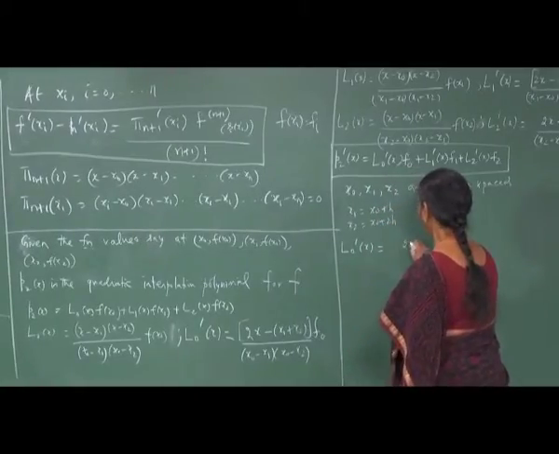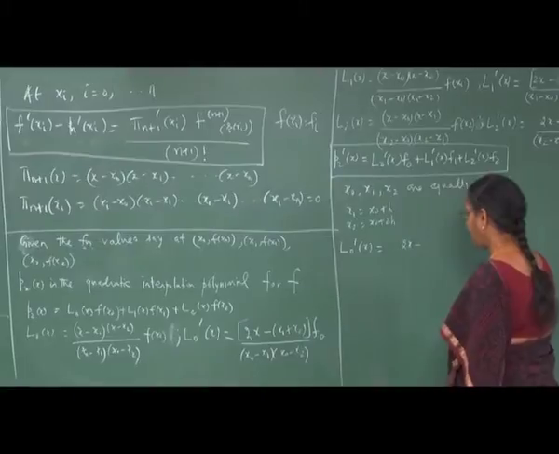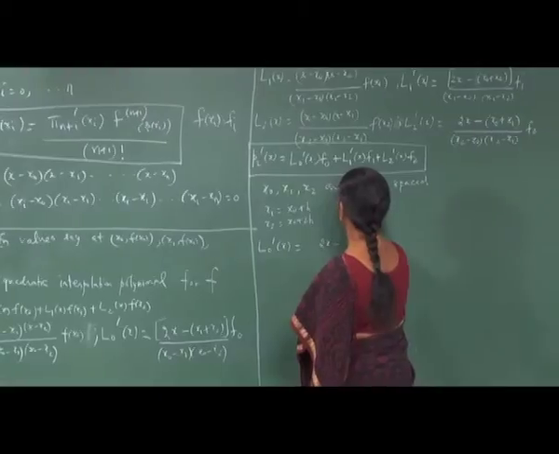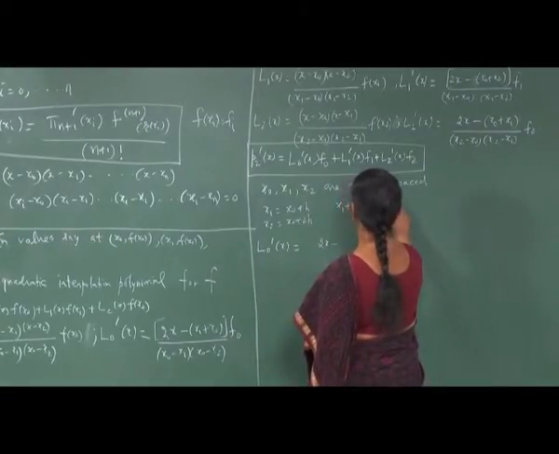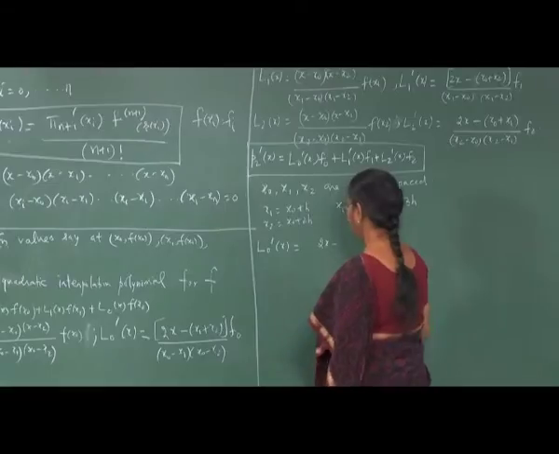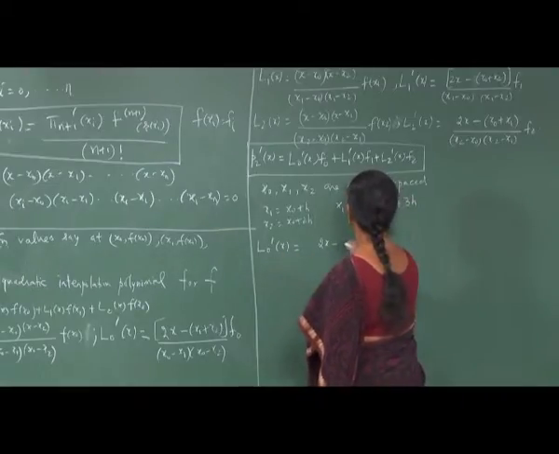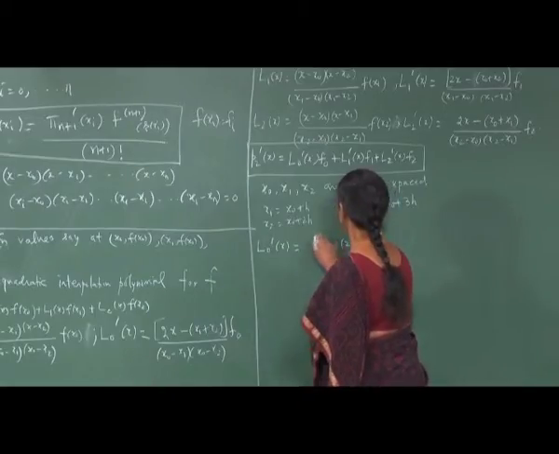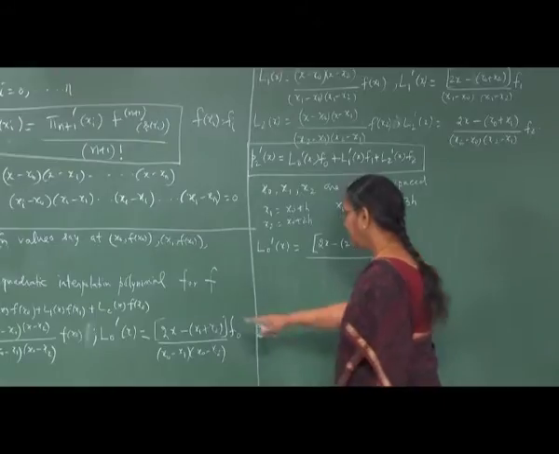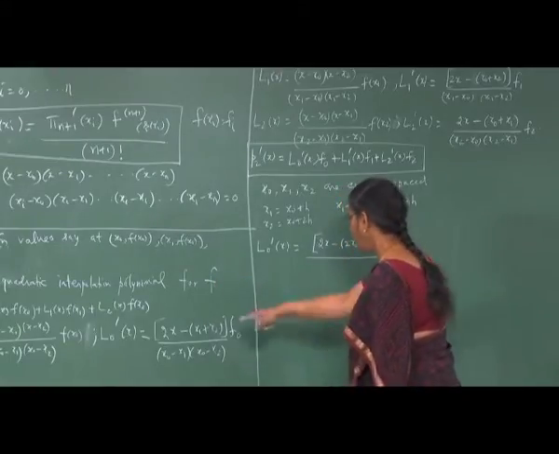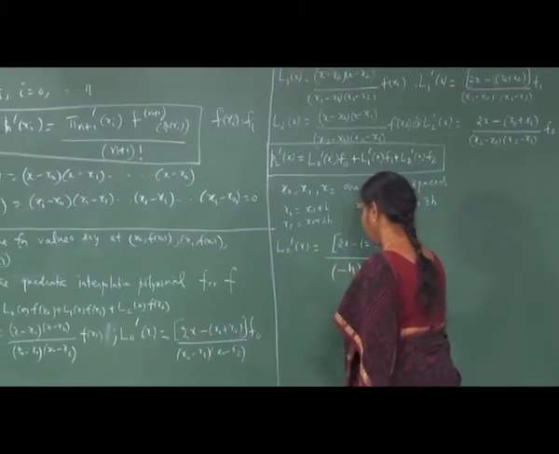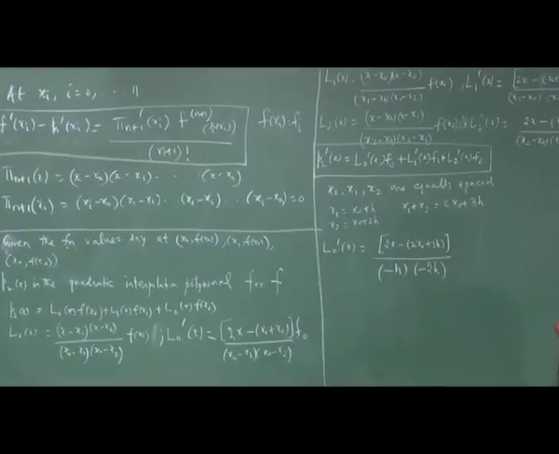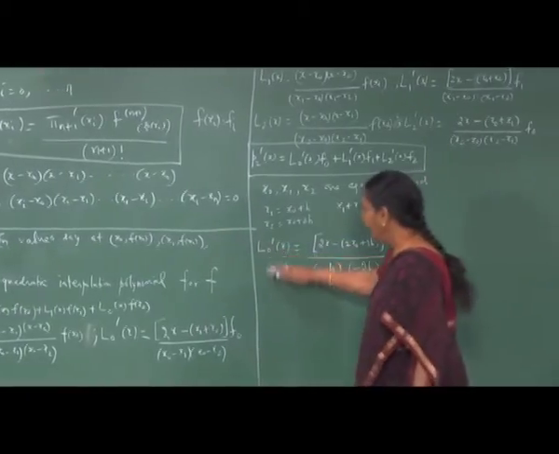So, it is 2x minus x1 plus x2. So, x1 plus x2 will be equal to 2x0 plus 3h. So, L0 dashed of x will be 2x minus 2x0 plus 3h divided by x0 minus x1, so minus h, into x0 minus x2, so minus 2h.